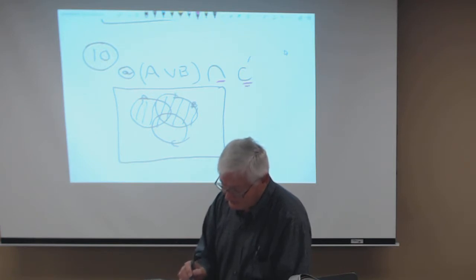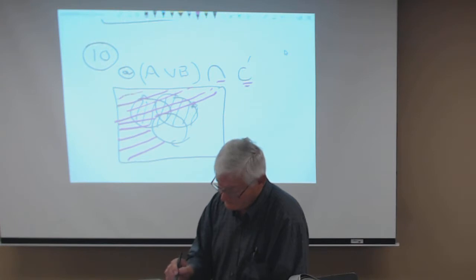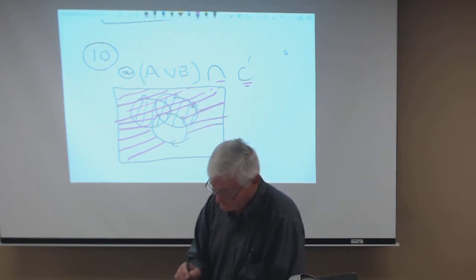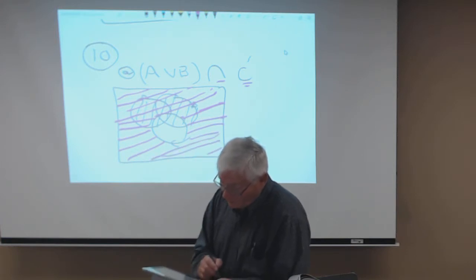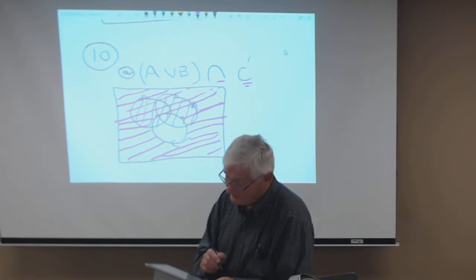The complement of C is everything out here. Where do the red lines and the black lines intersect?